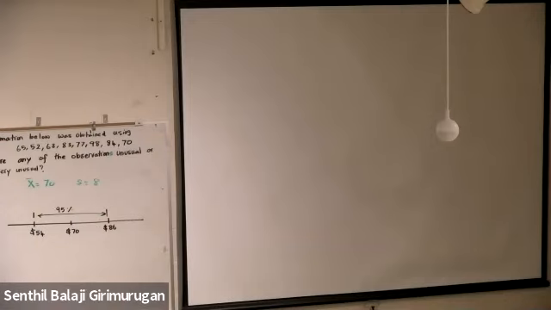I want you to find the two values between which you would have 99.7% of the observations. So 3 standard deviations from the mean. We already know 2 standard deviations.